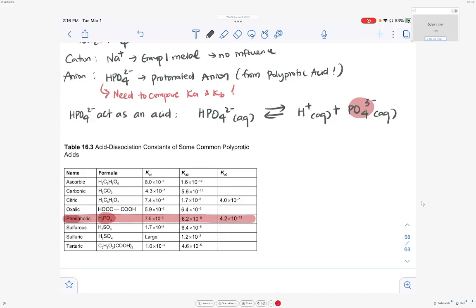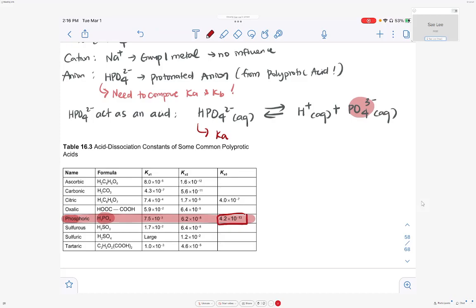So therefore, the Ka value for this reaction is going to be the acid dissociation constant of losing the third proton of phosphoric acid. Okay, so the Ka is going to be 4.2 times 10 to the negative 13.